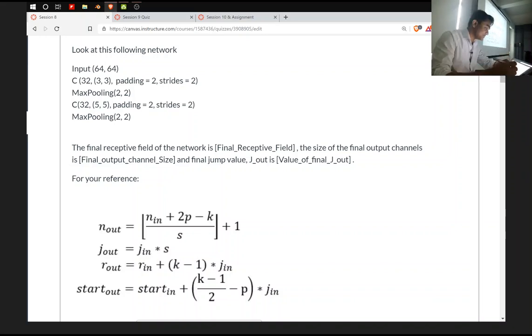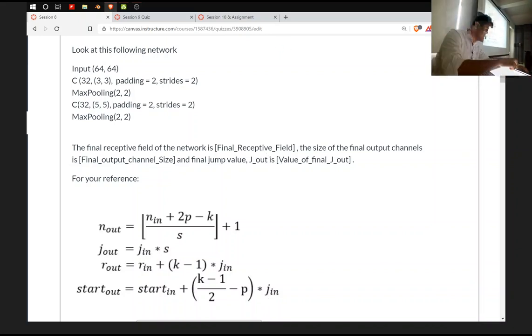Okay, so let's look at this network. Input is 64, 64. Convolution 32, 3 cross 3, padding 2, stride 2, max pooling and all. We're trying to calculate the final receptive field here. So what should I do? First let's write my input resolution.